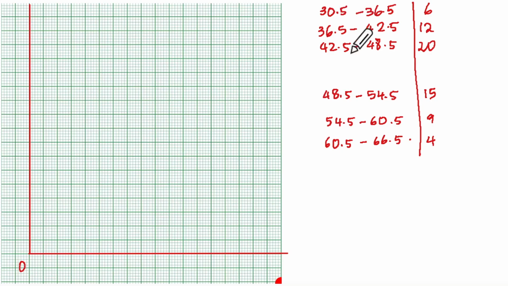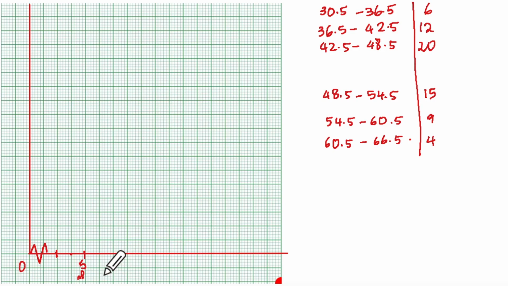Now this is 30.5, so I'm going to put a kink here, and this point. Now remember, from here to here is 1 centimeter, from here to here 1 centimeter. Understanding? So this is going to be my 30.5, correct?